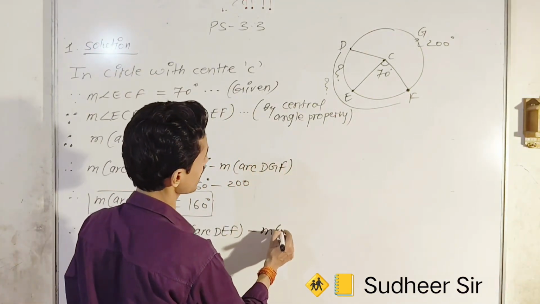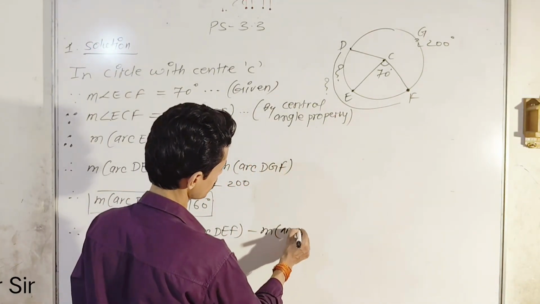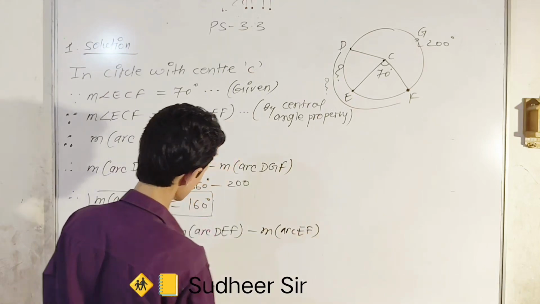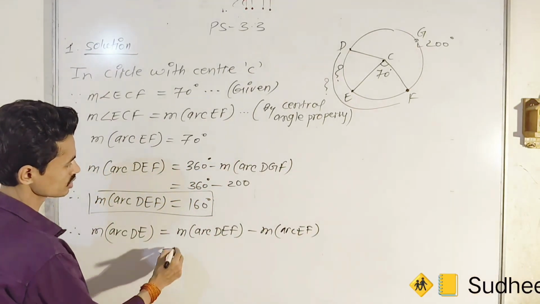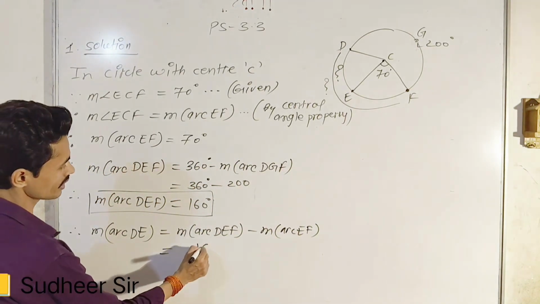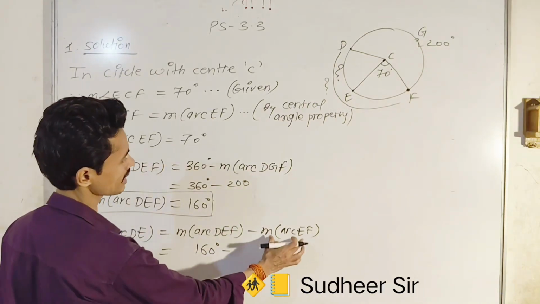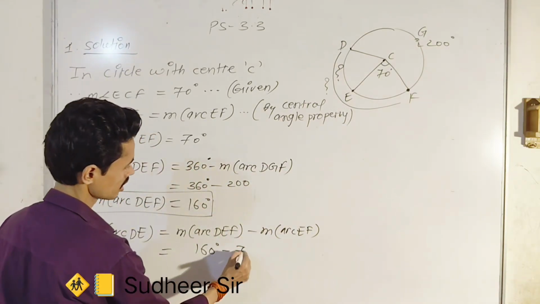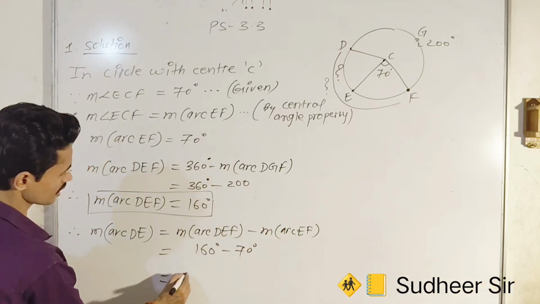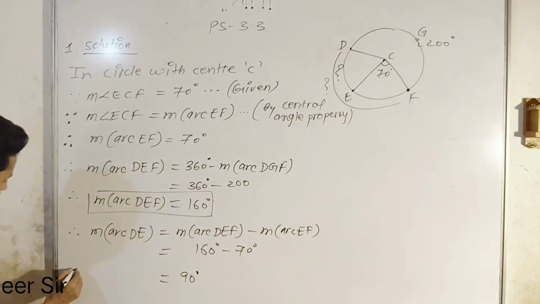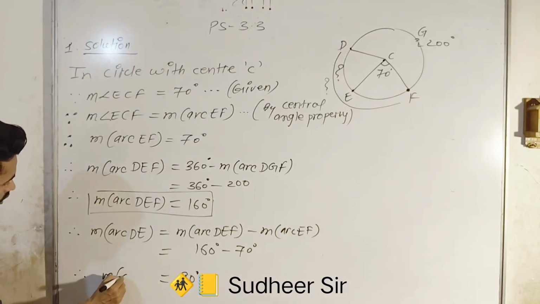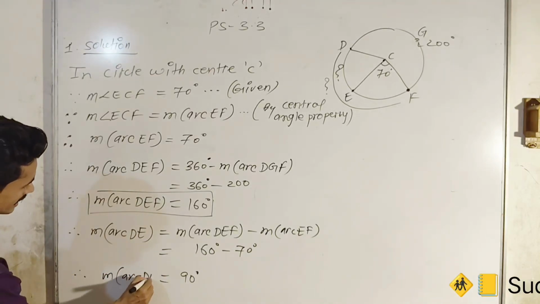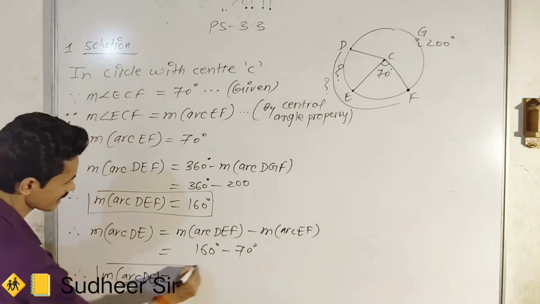Substituting, DEF is 160 degrees and minus arc EF 70 degrees. After subtraction we got 90 degrees. So our final value of arc DE is equal to 90 degrees.